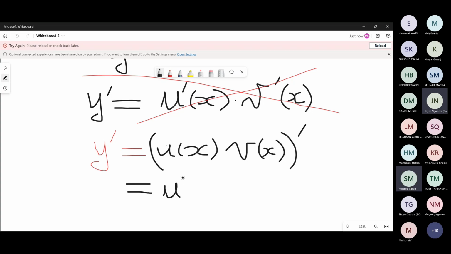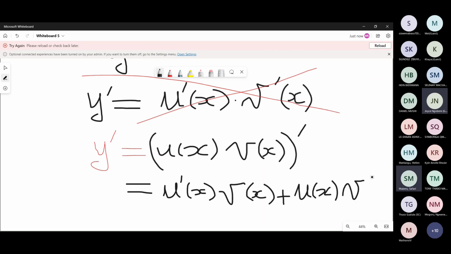Yes: u prime of x multiplied by v of x. See how it's now the true formula. Plus u of x, the original u unchanged, multiplied by the derivative of v. Excellent.